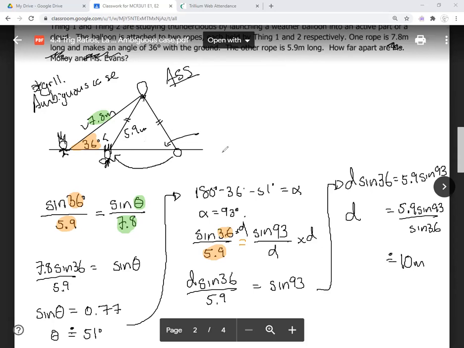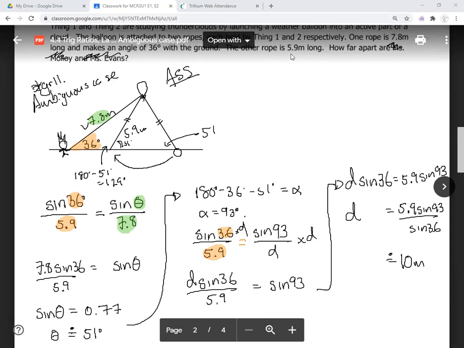What angle is it? 51. That means this angle must also be 51, which means the interior obtuse angle inside the triangle must be 180 degrees, because that's a straight line, minus 51 degrees, 129 degrees.